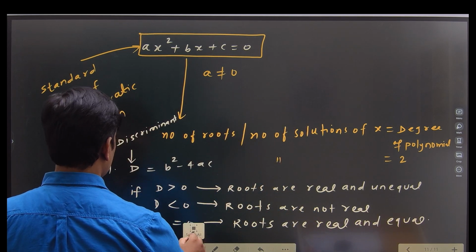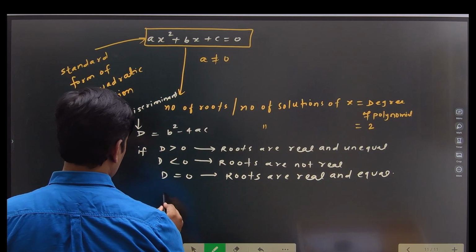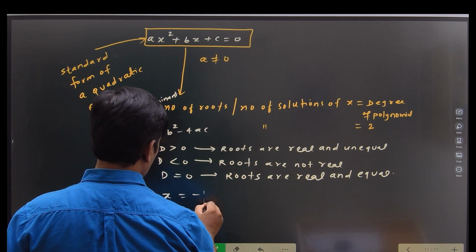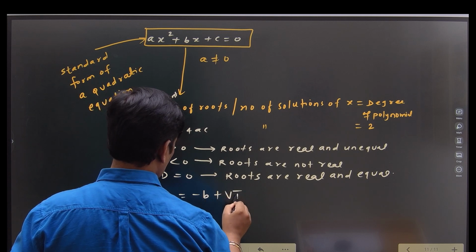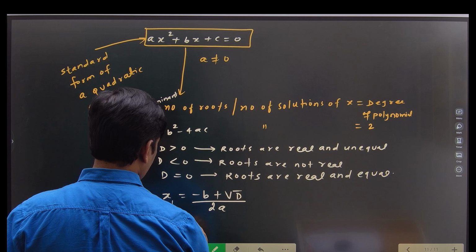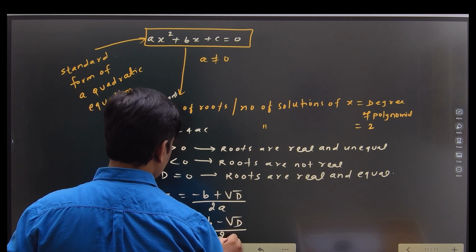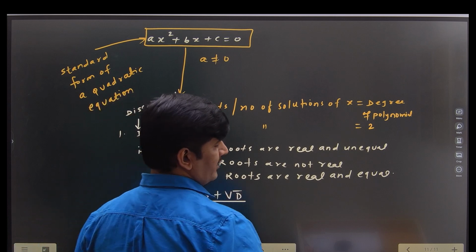And how to find the roots? So x is equal to minus b plus root of D upon 2a. For the second root, just write minus sign in place of plus. So these are two roots of the quadratic equation.